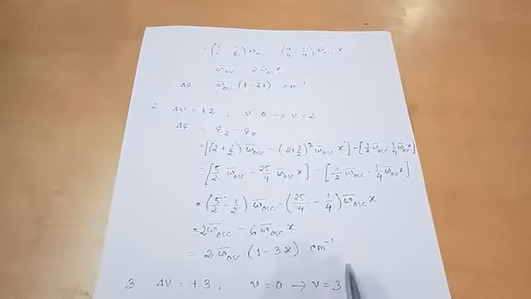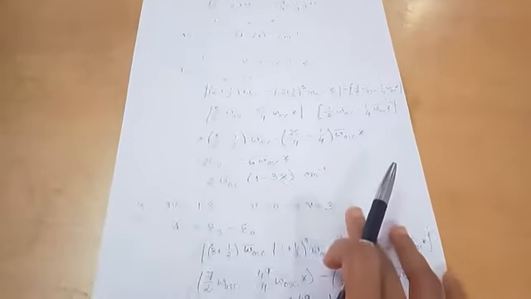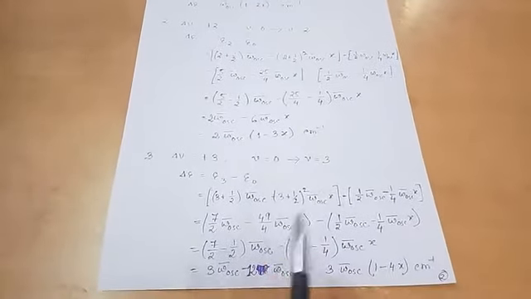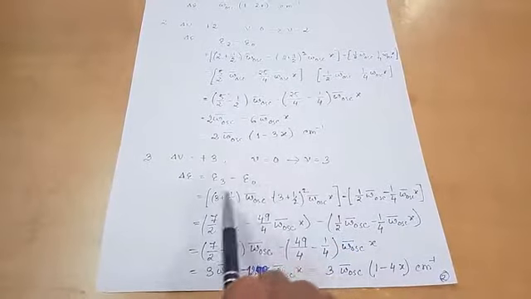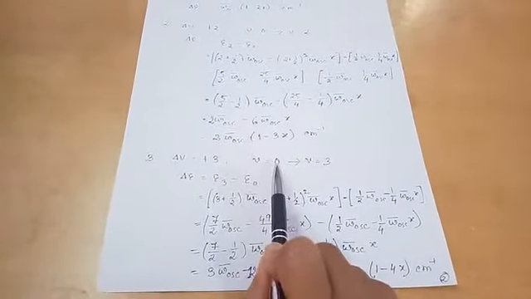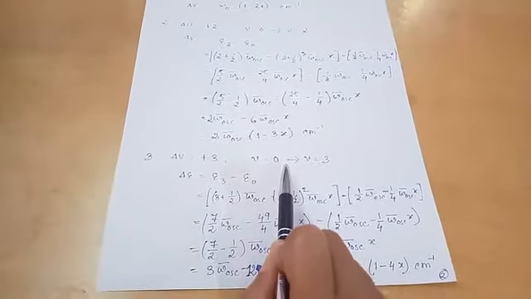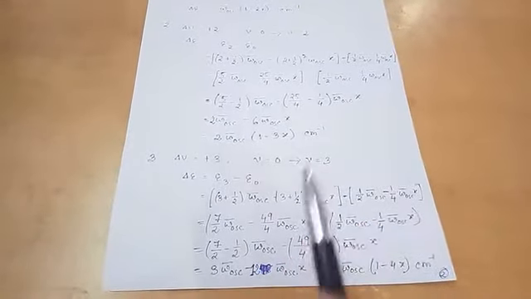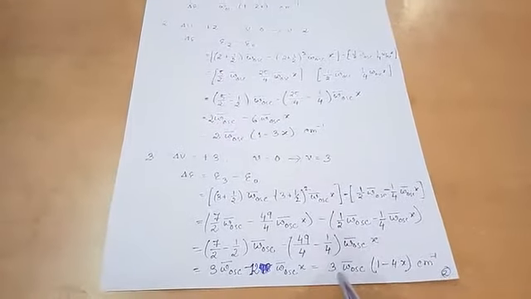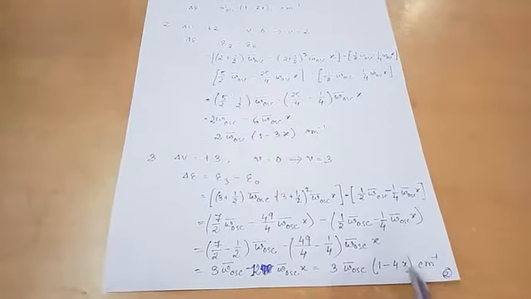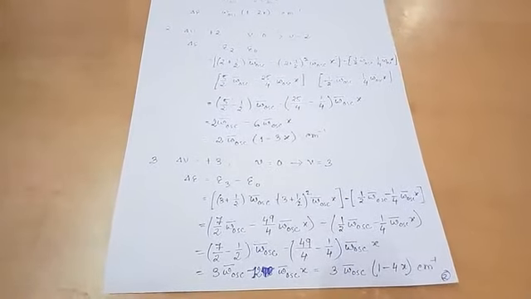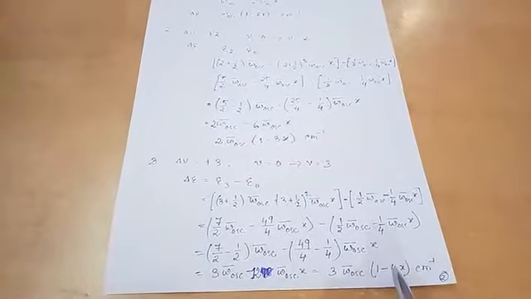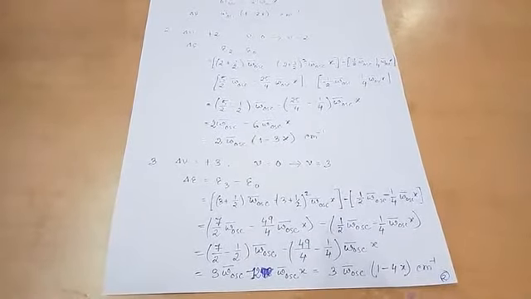So this is for the first overtone. Now in the third case, we obtain the energy difference for the 0 to 3 level transition as 3 omega-bar_e (1 minus 4x) centimeter inverse. So this is for the second overtone.